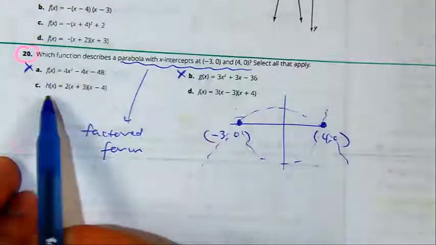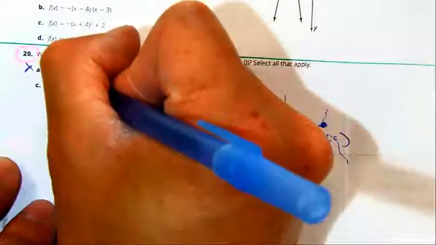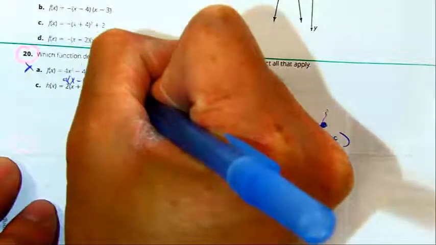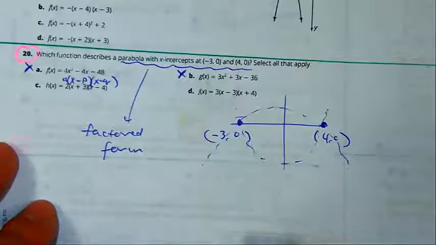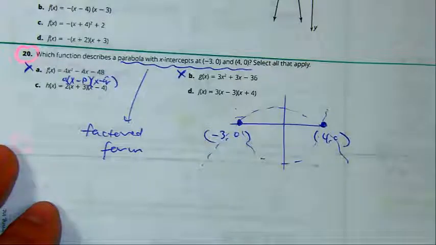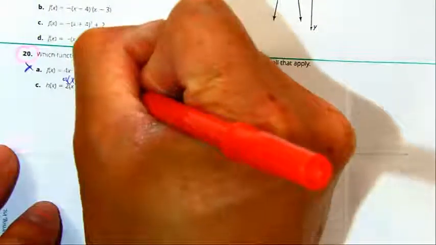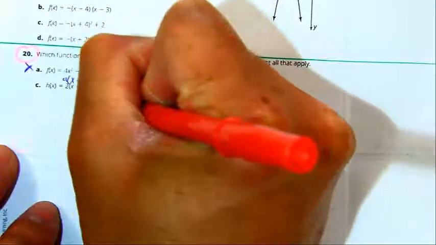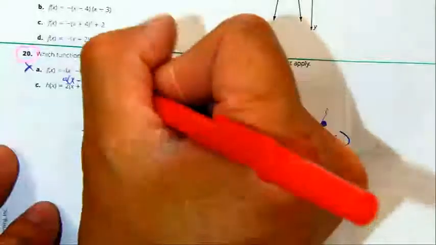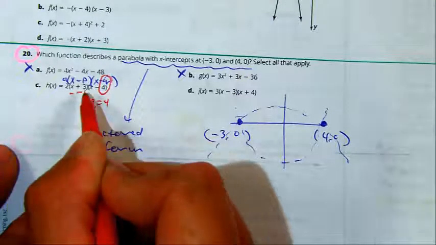Here in C, I have factored form. Let's see if I can write the formula above it. a(x minus p)(x minus q). This one would say that my q value is 4. And this one would say that, remember, you would have to change this to a minus 3, or you could think of it as the opposite of that.